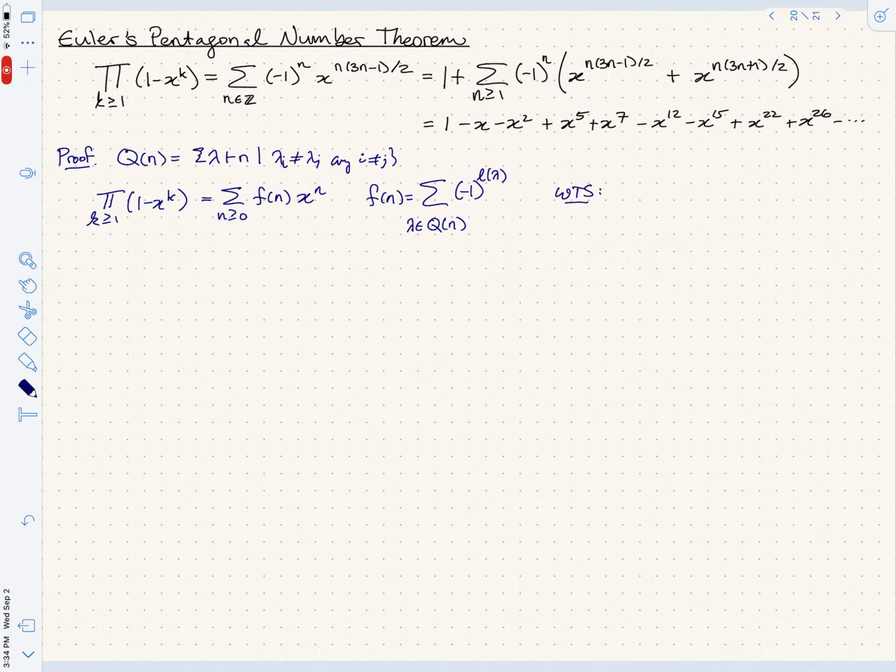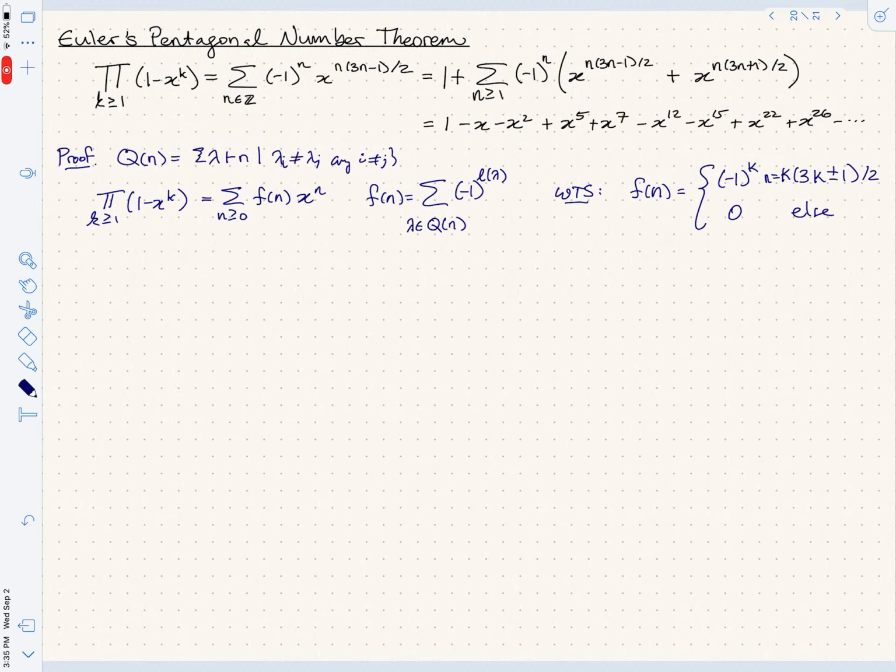So what we want to show in order to prove this theorem is that f of n, this thing that counts combinatorially the left-hand side, also counts the right-hand side, but we know what the right-hand side looks like. So we want to show that f of n is equal to, and unfortunately I chose n, so now I have to switch and choose k, but I think I can handle it, (-1)^k whenever we have n of the form k(3k plus or minus 1)/2, and it's 0 otherwise. Okay?